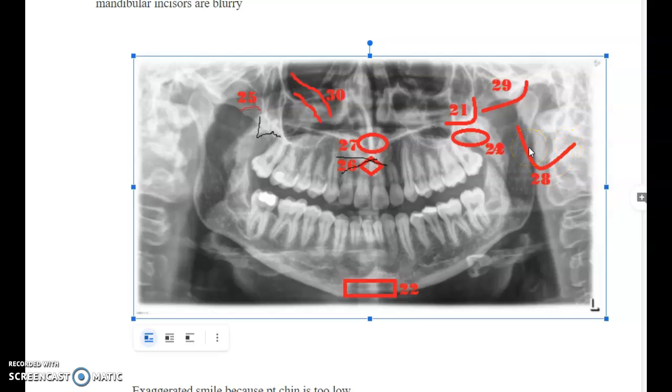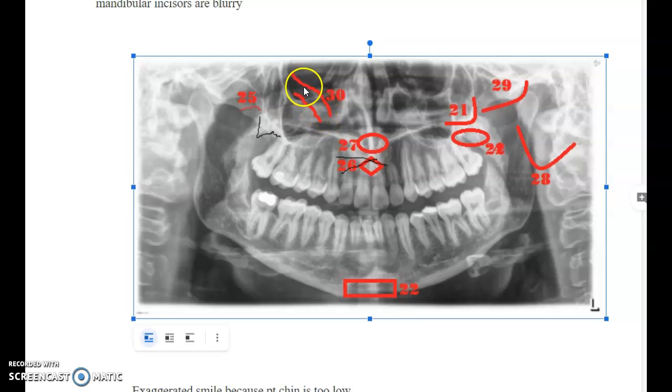And then 29, we're going to move on to the zygoma. Zygoma 29 is right there. It's a triangular radiopaque band structure extending posteriorly from the zygomatic process. So let's extend right there. And then 30 is the infraorbital canal, which is very cool because you can actually see it here.